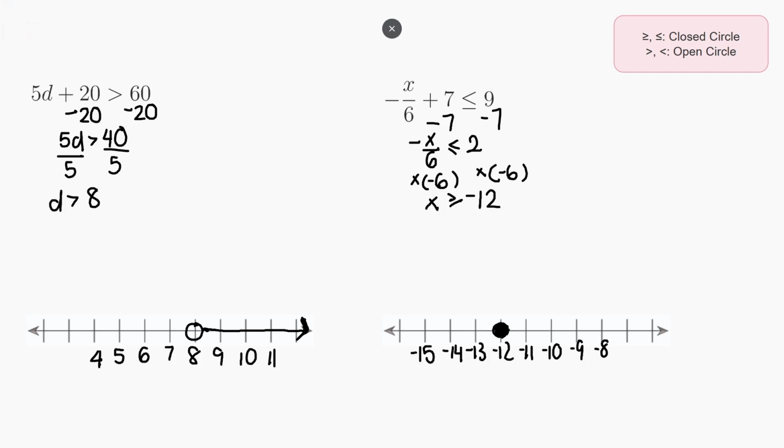As you can see, the arrowhead is pointing to the right. So we're going to the right here. Just to check our answer, x is greater than or equal to negative 12, so numbers that are bigger than negative 12 should work, like negative 10, negative 8, negative 9. So we know that we graphed it correctly.